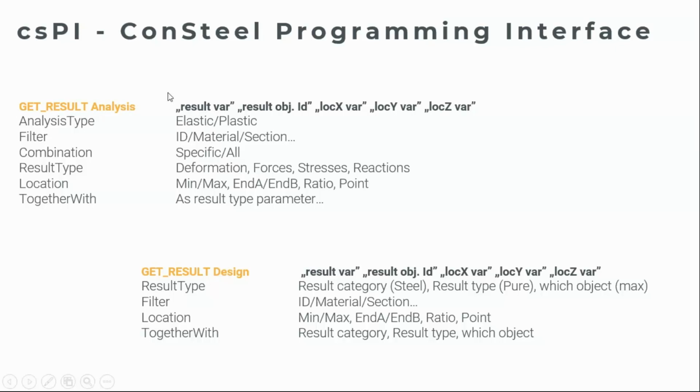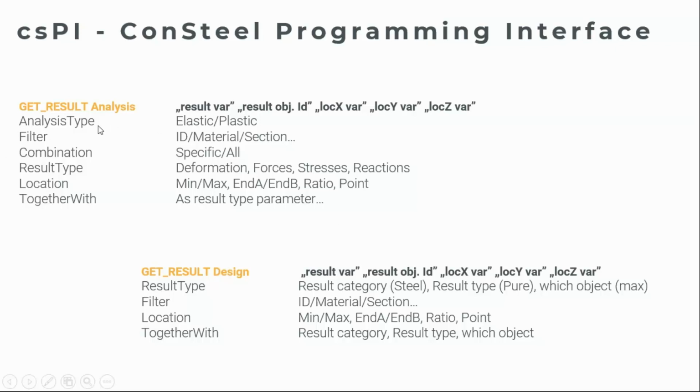The result of this command after you perform it will be some variables, in this case five variables. The first variable will be created by this name, in this case result var, and the command will fill up this variable with the results according to these settings.